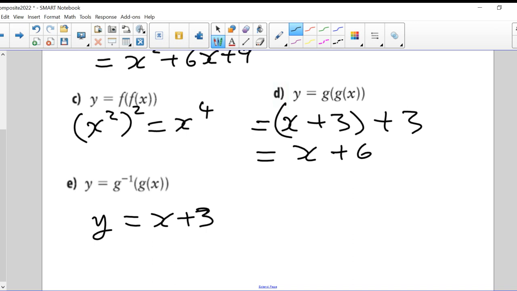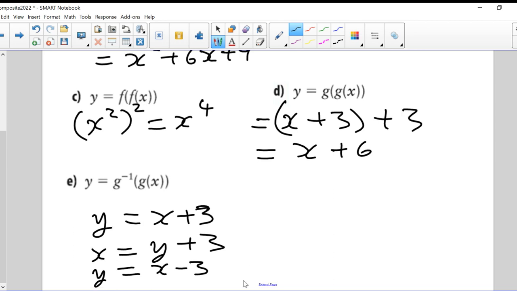We did inverses when we were doing the log and exponential functions because those are inverses of each other. So we know the first step is to flip the x with the y. So x is equal to y plus 3. And then, of course, we have to isolate the y. So y is equal to x minus 3.